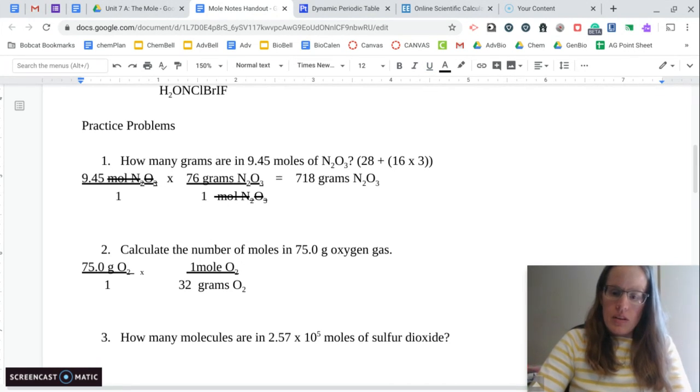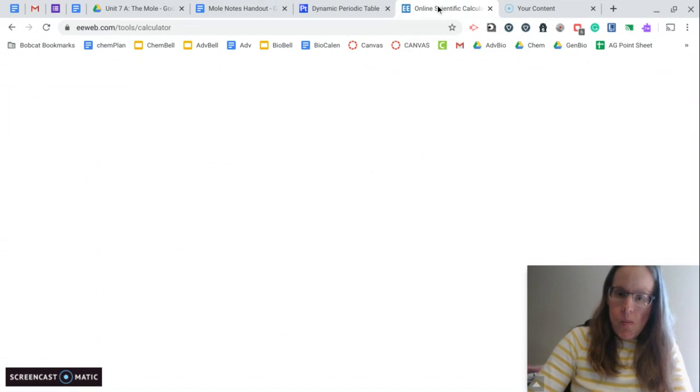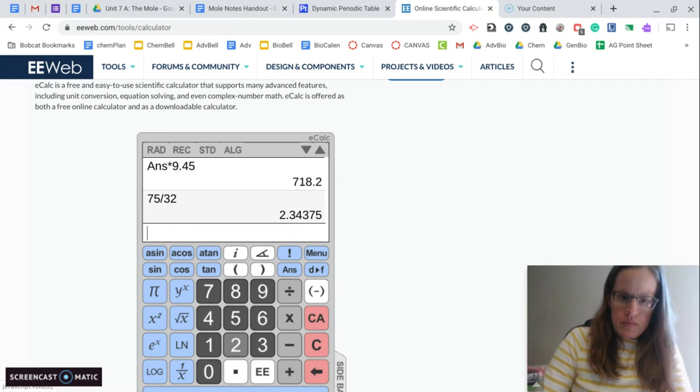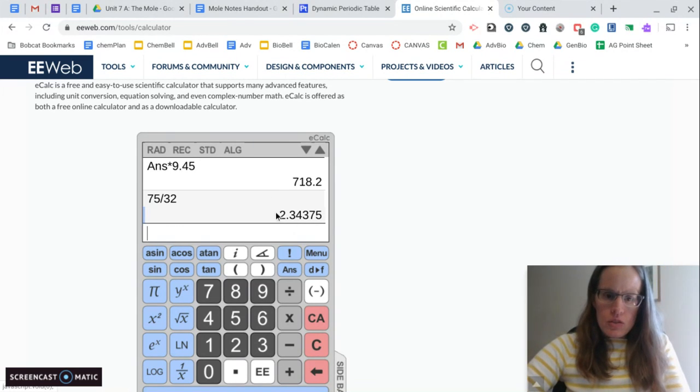All right, so now when I plug that in my calculator, since my 32 is on the bottom, I have to divide. So I'll do my 75 divided by 32. Can't do that one in my head. .34.